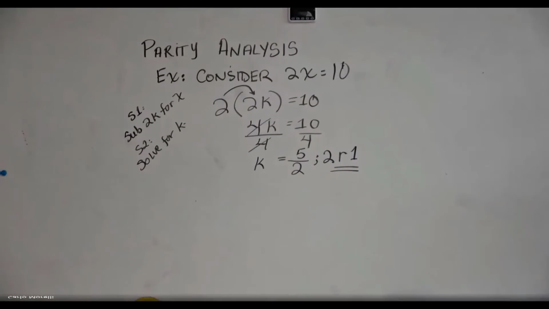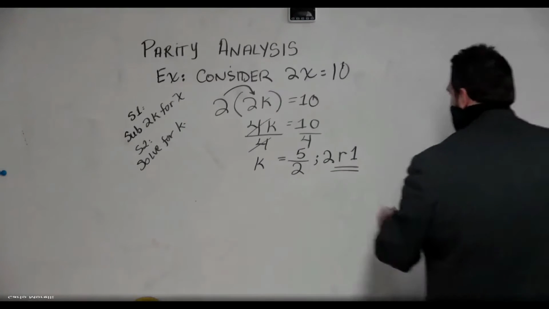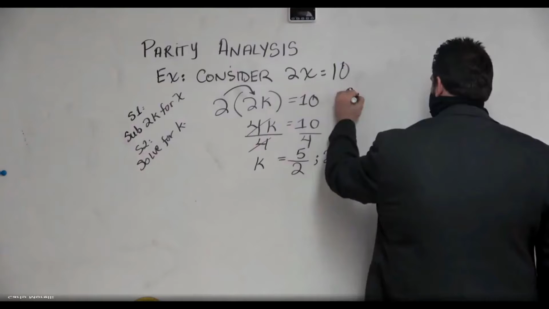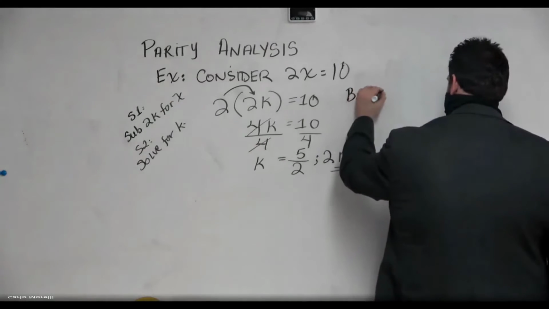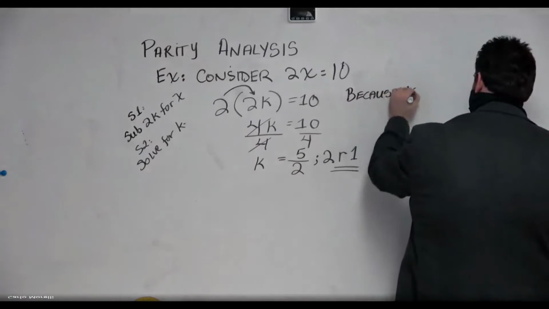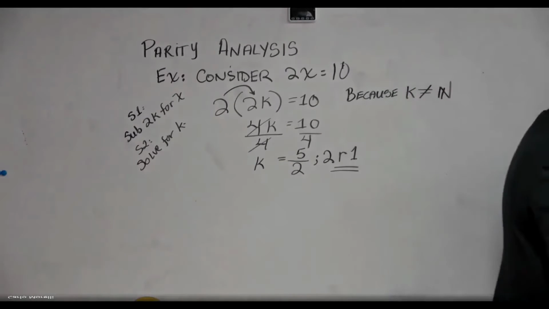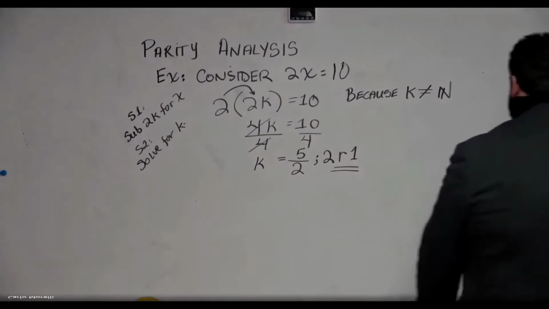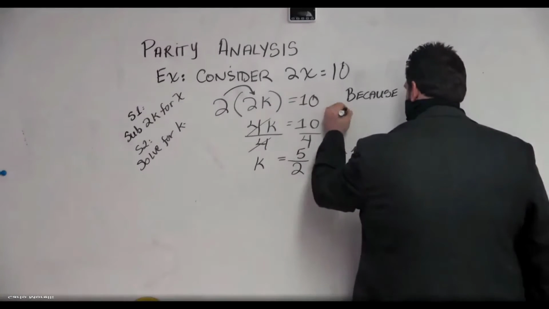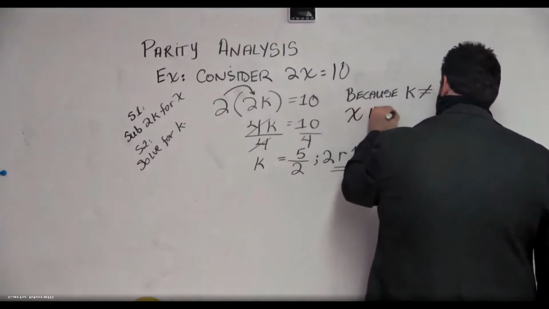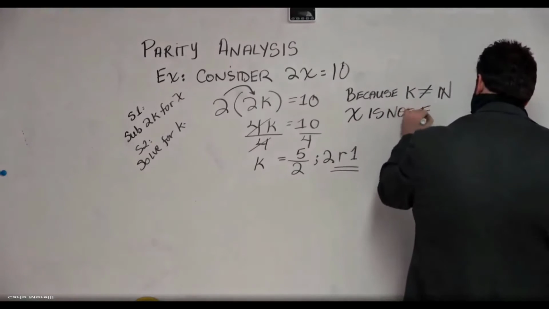The big thing is there's a remainder, okay? It's not an integer. So because k is not an integer, x is not even.